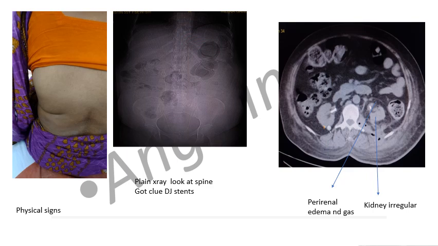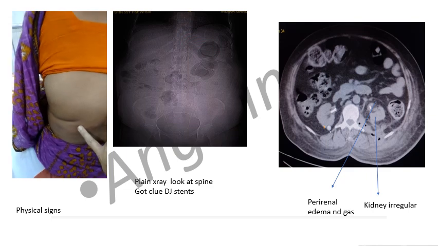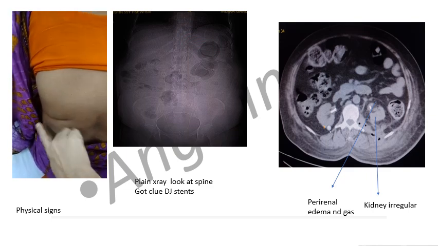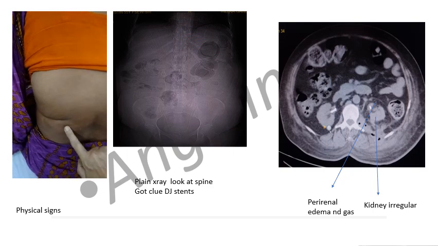imagings. Just see the clinical findings, and she's given her consent for being put on the platform. Severe tenderness there. See?